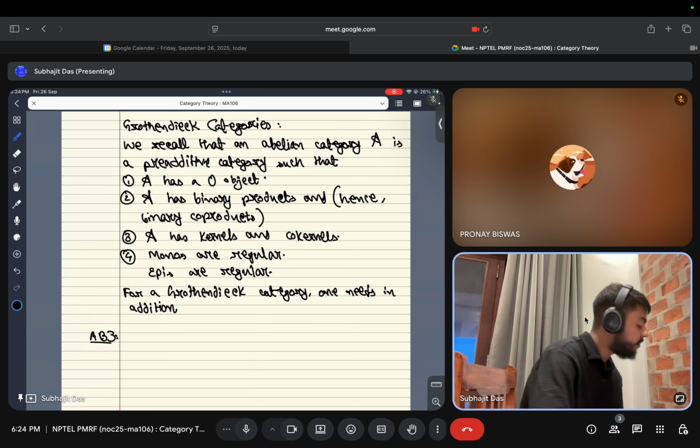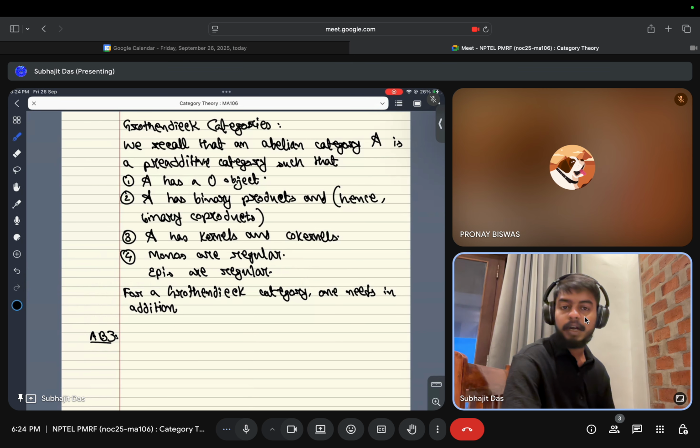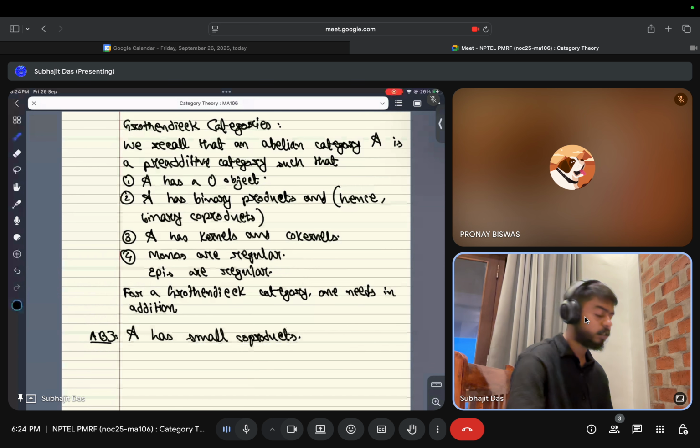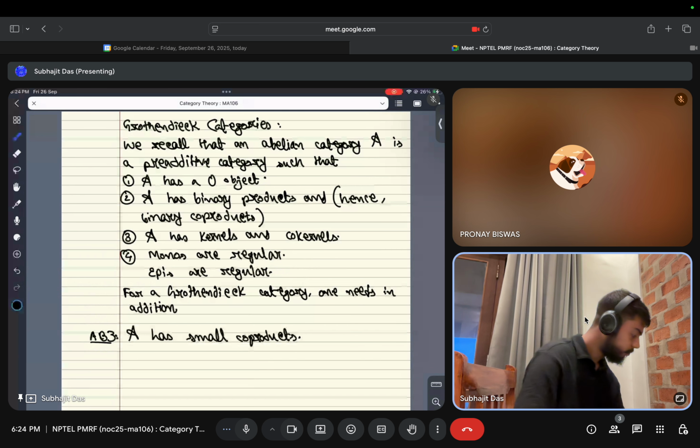And notice that if it has small coproducts, we already know it has co-kernels, so it has co-equalizers, which means that it is co-complete. So equivalently, one can say that A is co-complete, has all small co-limits of all small sets. This is our AB3 axiom.